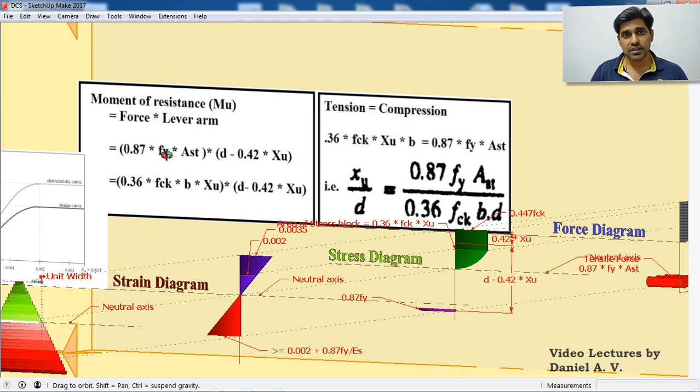So if I'm calculating it with respect to tensile force, it's 0.87 Fy AST multiplied by lever arm, d minus 0.42 XU. Or I can use the compression value, that is 0.36 FCK B XU times d minus 0.42 XU. So this is the expression for moment carrying capacity. This is the expression to find out where the neutral axis is.